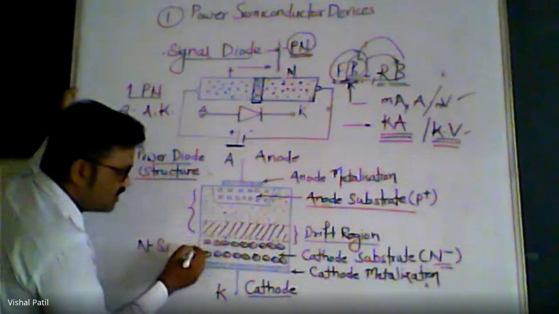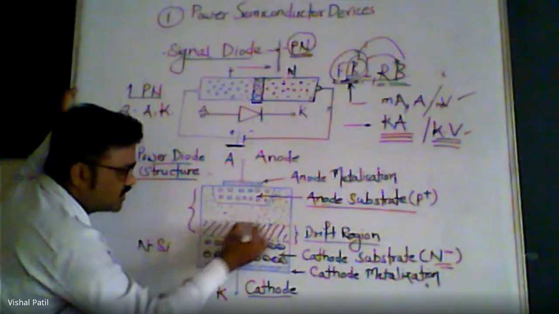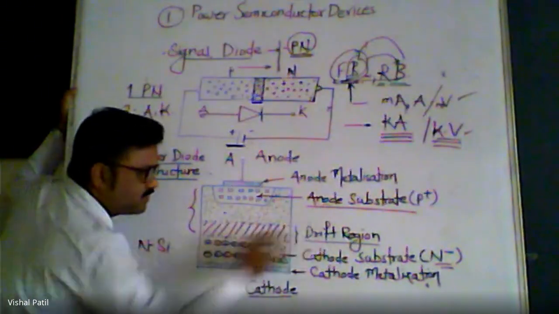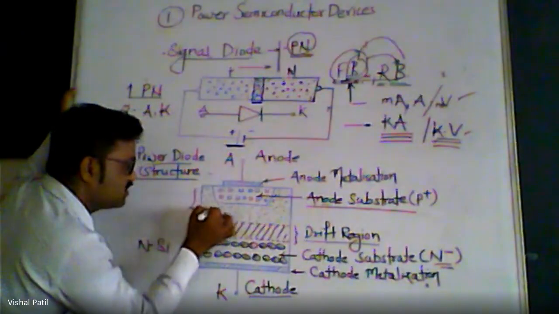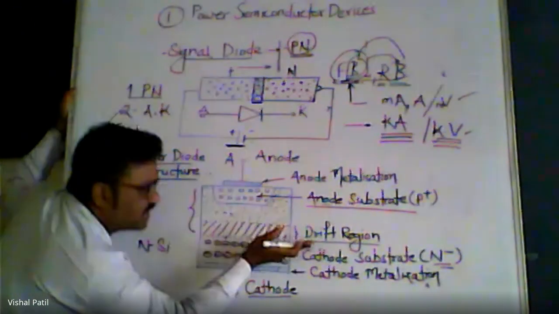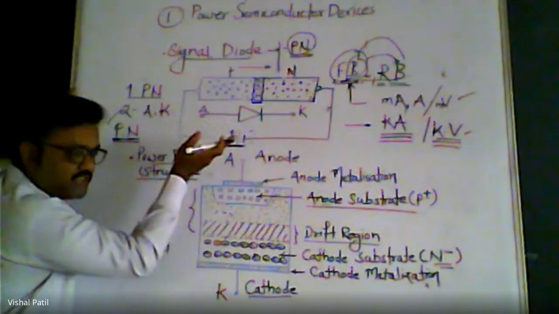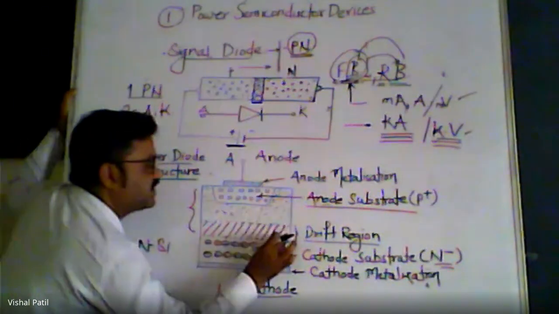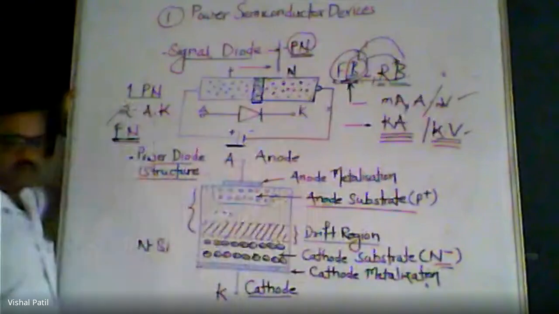You can say the region shown with the slanted line is the drift region, and this region with black dots is the scope for the drift region to grow epitaxially. So this layer is called the epitaxial layer of the N substrate.